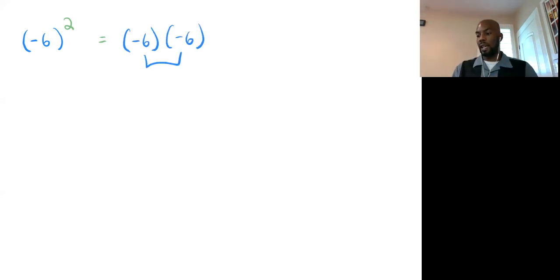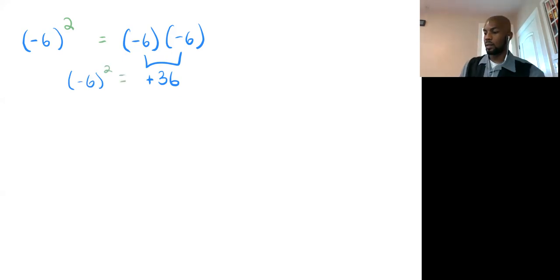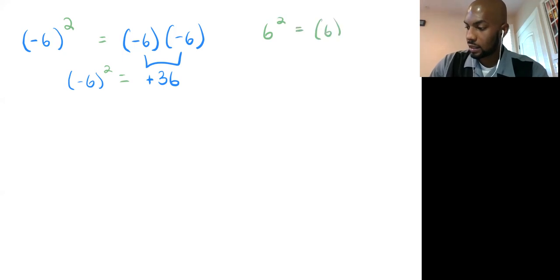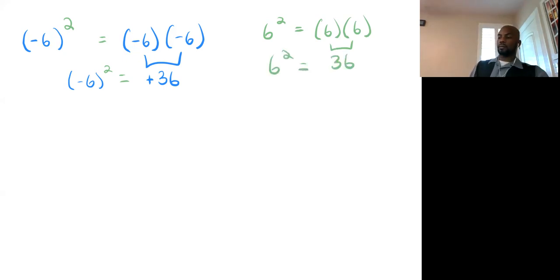A negative times a negative is a positive. 6 times 6 is 36. Negative 6 squared is 36. Interestingly enough, so is 6 squared. 6 squared is the same as saying 6 times 6, or 6 to the second power. 6 times 6 is positive 36. So 6 squared is also 36. Exponents are fun that way.